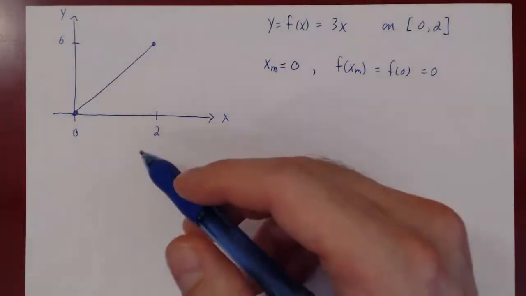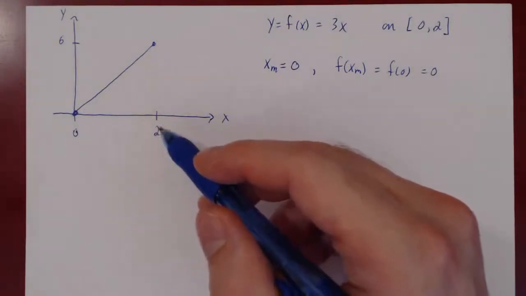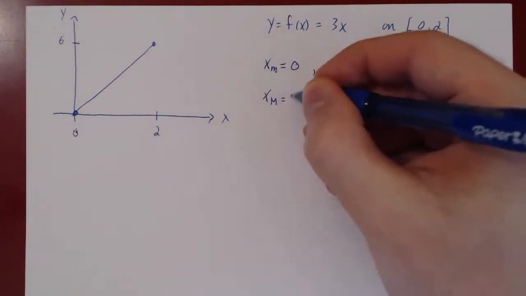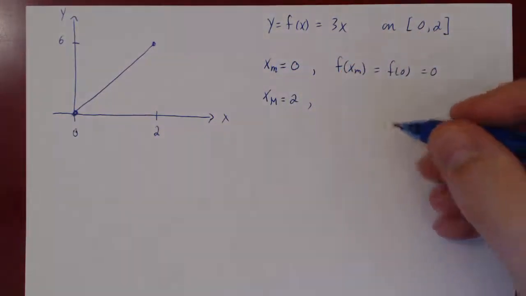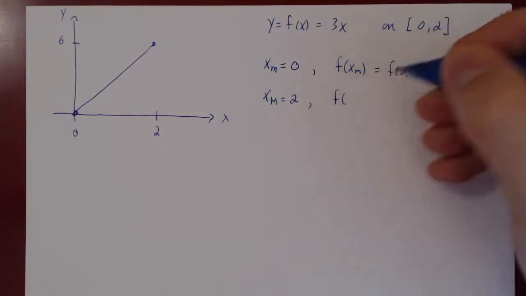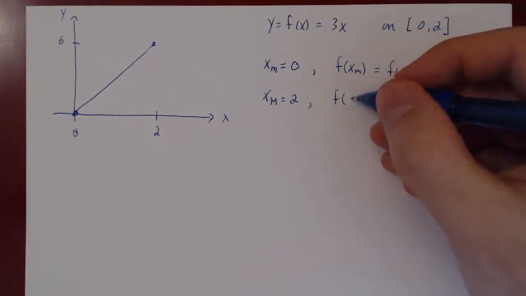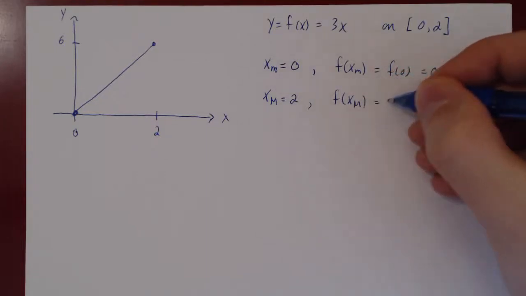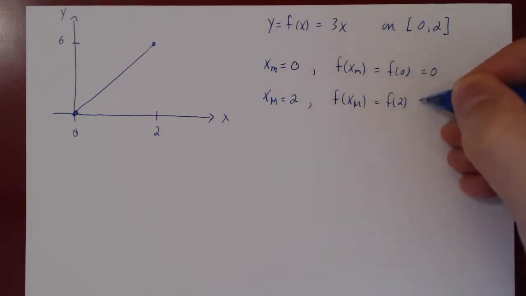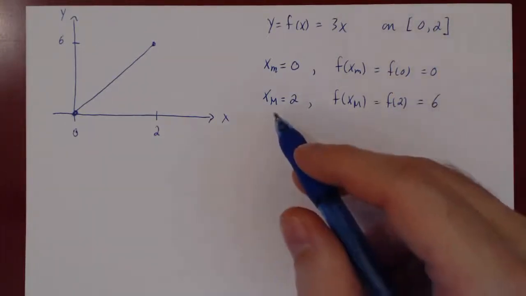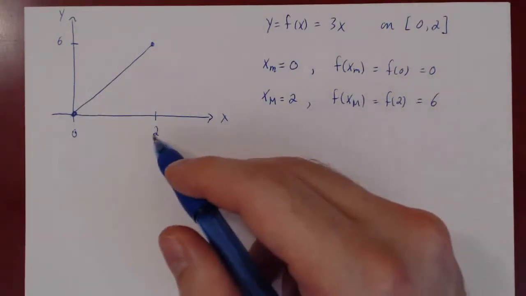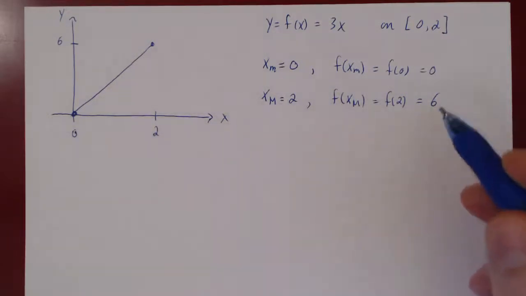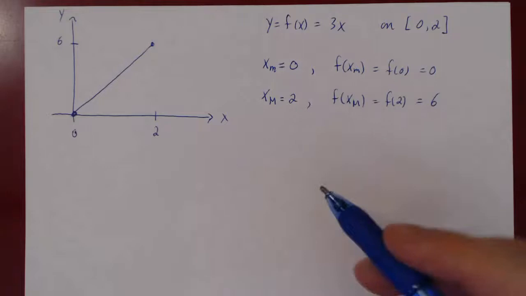And where does the absolute maximum occur? Obviously at 2. So x equals 2 is our absolute maximum, our global maximum, and the maximum value attained by the function is f of 2, which is obviously equal to 6. So you see x equals 2 is our global maximum, and at this point the function attains its maximum value of 6.